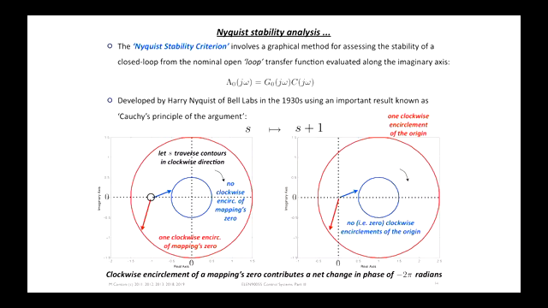Cauchy's principle of the argument allows you to determine the difference between the number of zeros and the number of poles of a rational function in a closed region of the complex plane. How we'll apply that to assess the stability of a closed loop will come in a minute. But let's see how Cauchy's principle of the argument works.